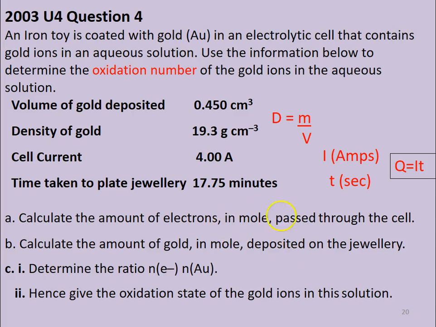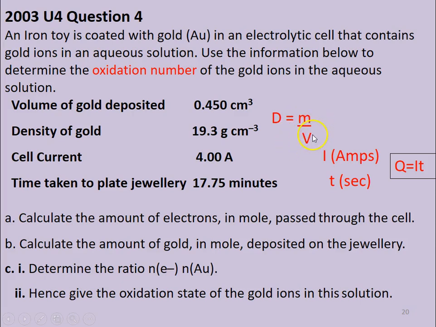Density. The density equation is the mass of whatever chemical it is over the volume of the same chemical. So the mass of the gold divided by the volume of the gold will tell you the density. It looks very similar to a concentration equation, but the concentration equation is the mass of one chemical in the volume of something else.